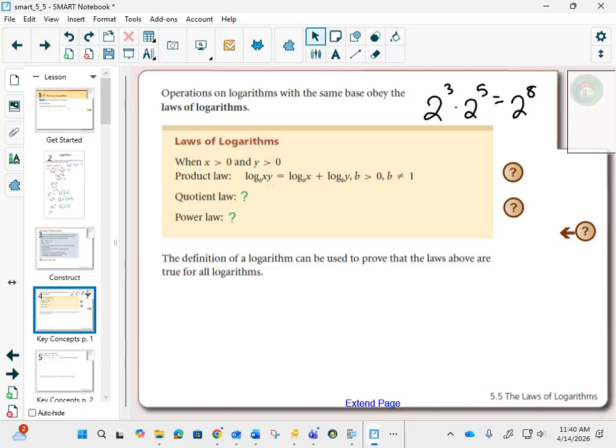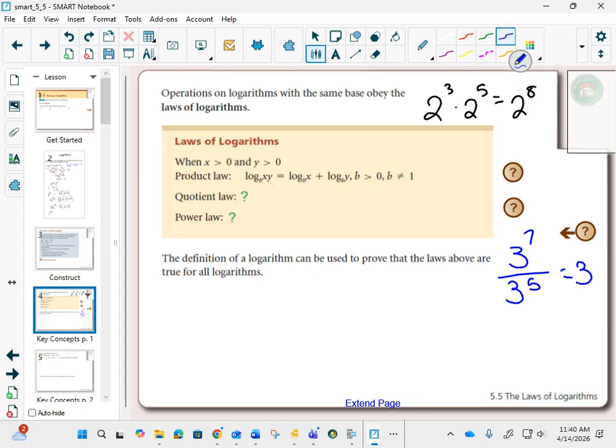When you divide, you subtract. If I have two powers with the same base and I divide, I can just subtract the exponents. Why don't they teach logs at the same time as exponents?